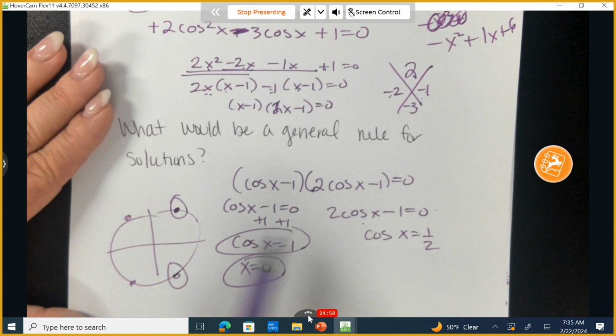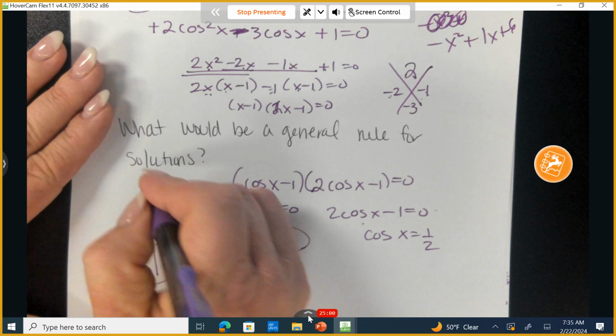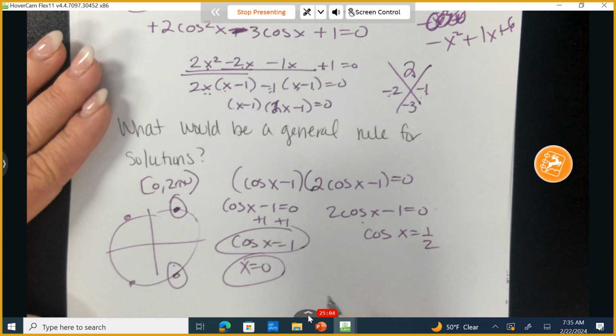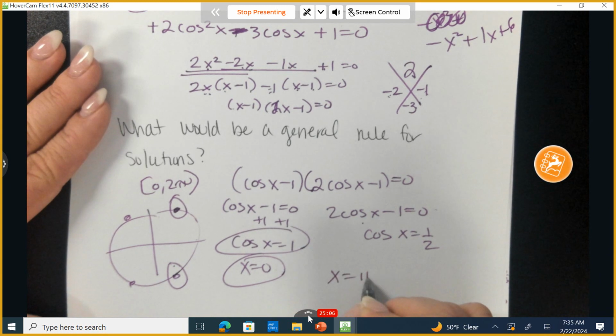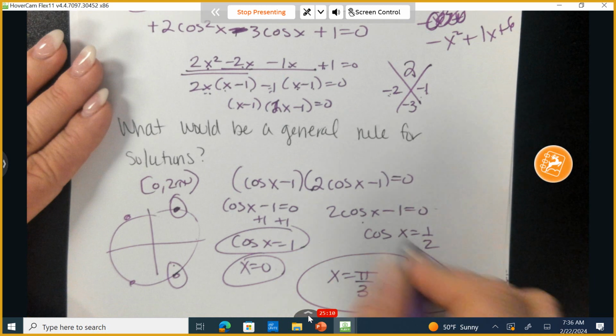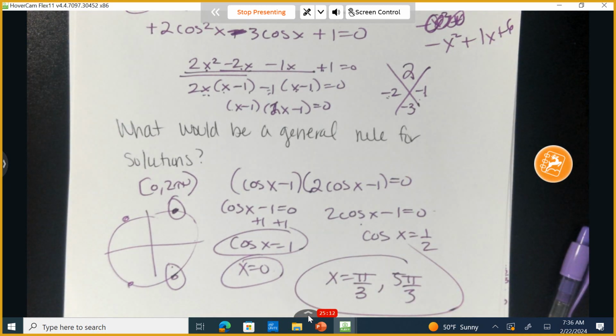And since cosine is from 0 up to 2 pi, we're going to have these two locations. So I will have the answer of pi over 3, correct me if I'm wrong, and 5 pi over 3. Who agrees with those three solutions? Hands up high. Who agrees with those three solutions? Okay, we're on to our very last example for today.